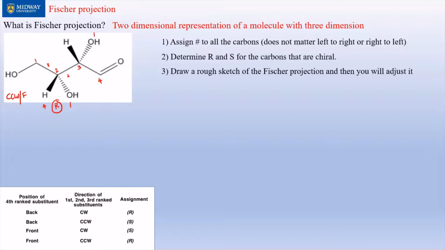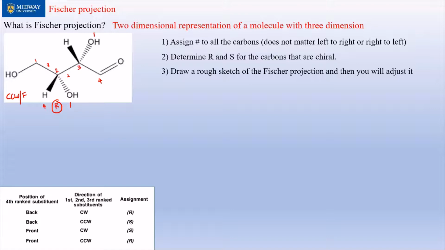So this is 1, as always. Now the question is, this C is attached to C here and C here. And this one is attached to OH and then all of the other stuff. This one is only attached to a double bond O and an H. Now you might be tempted to think, well, they're both attached to O, but then this is attached to this, so this should be 2.